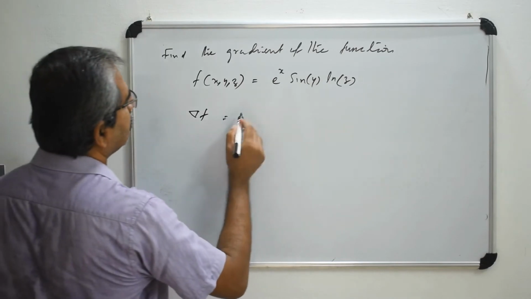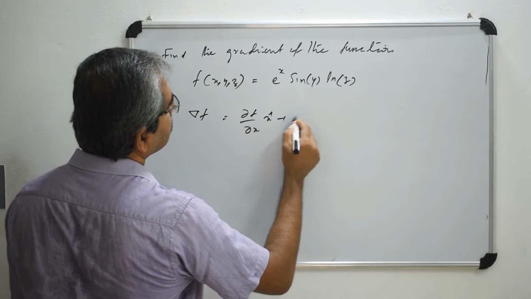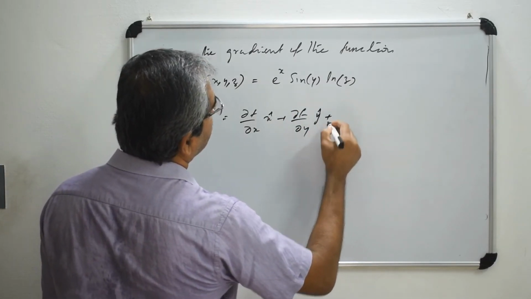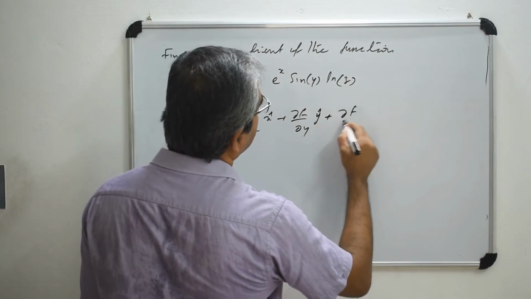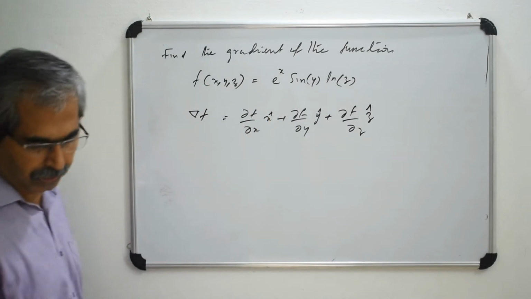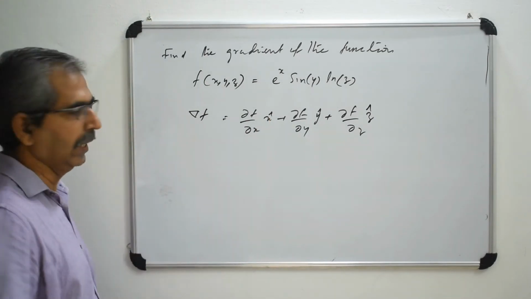That is equal to dou f by dou x into x cap plus dou f by dou y into y cap plus dou f by dou z into z cap. Okay, so this is the equation for the gradient.